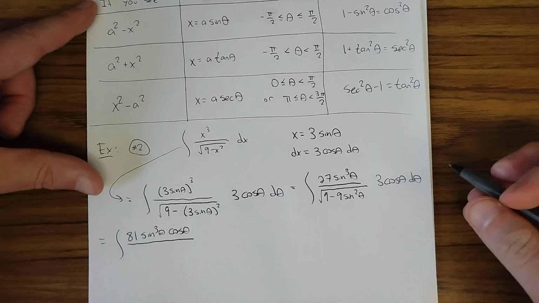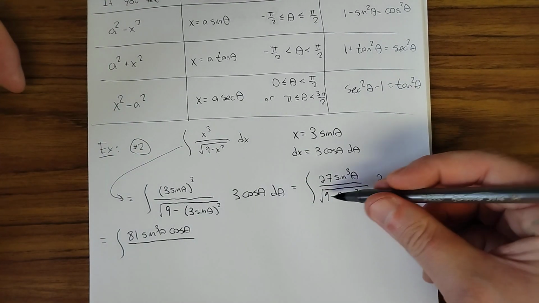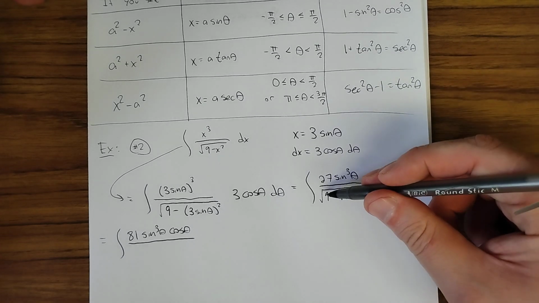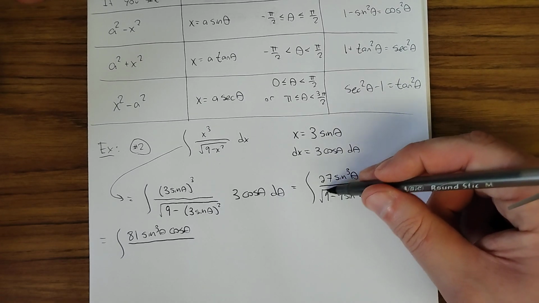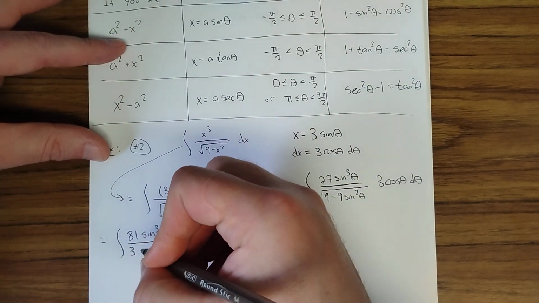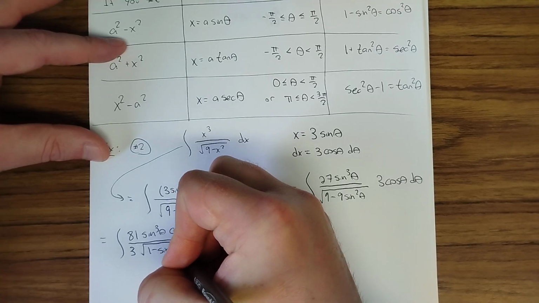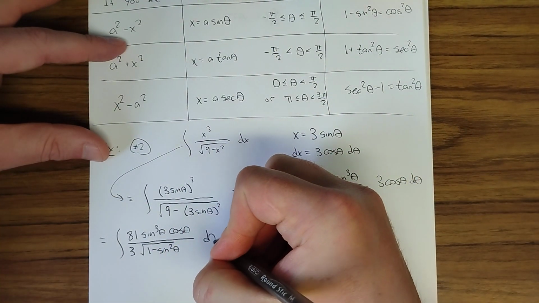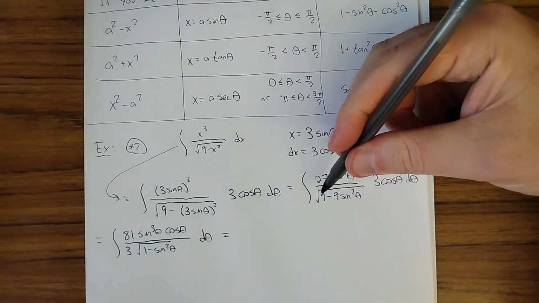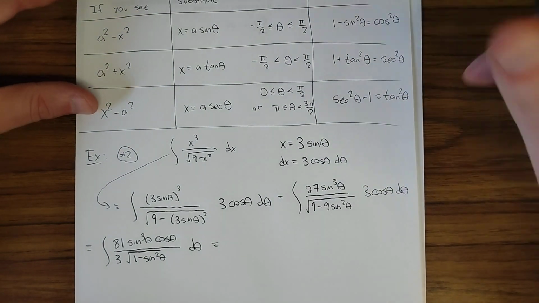I'm still just simplifying this. I can pull this 9 out, in fact all the way outside of the square root. If I'm pulling a 9 from inside a square root, when I pull it outside I take the square root of it, so it becomes a 3. Underneath the square root, I just have 1 minus sine squared, and there's my identity.